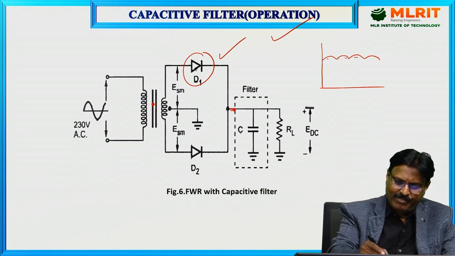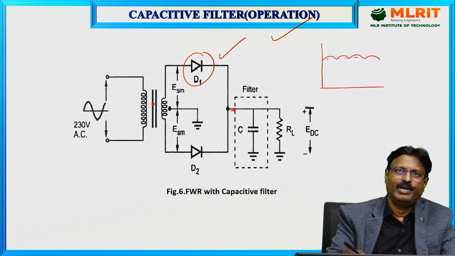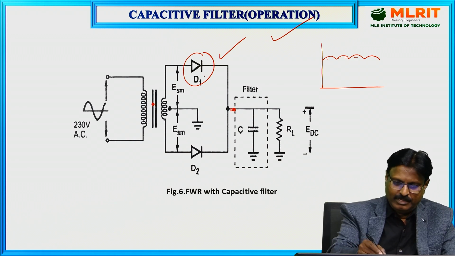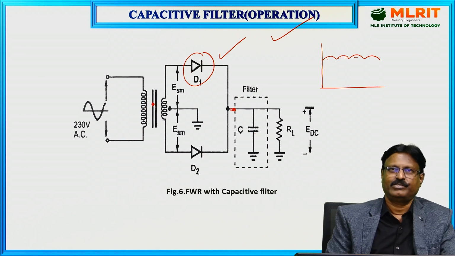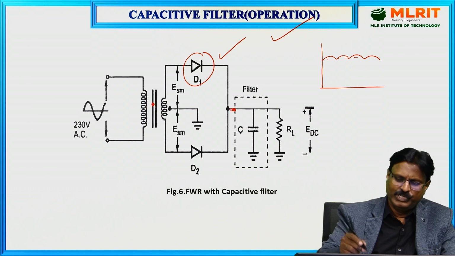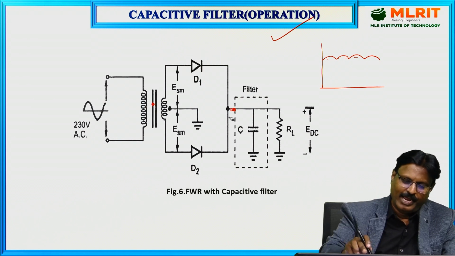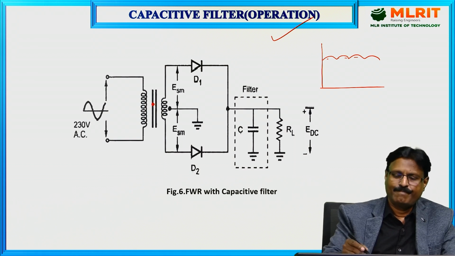Whenever diode D1 is forward biased, what happens here? The capacitor C will be charged in order to reach the peak value of the provided input voltage. Whenever the diode D1 is reverse biased, the capacitor C will be discharged.